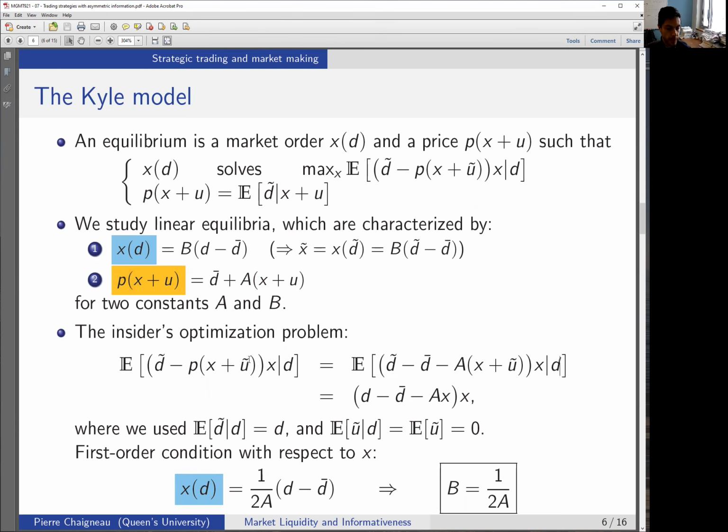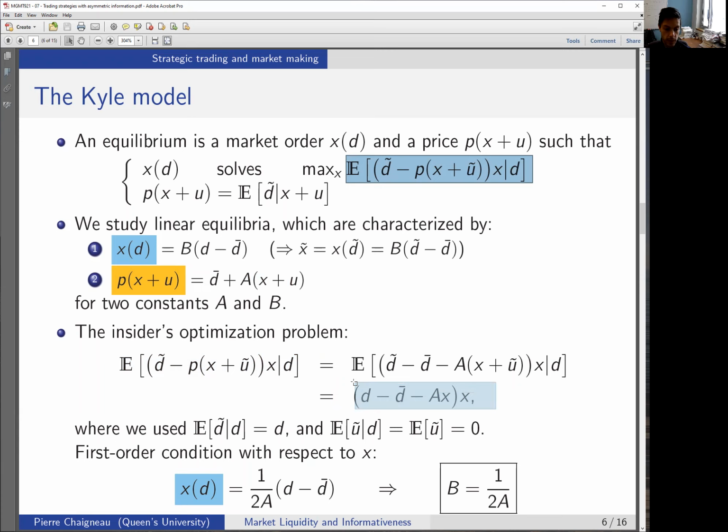Okay, so this objective function, for a given quantity x demanded by the insider, is simply equal to this. Now we want to maximize this expression over x. Remember, right now we just rewrote the expected profits of the insider. How do we maximize this over x?